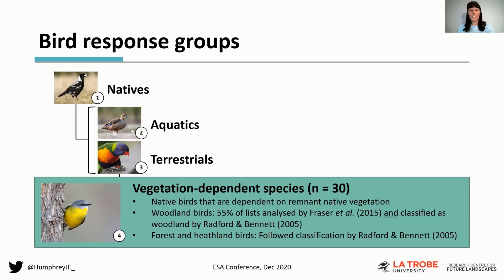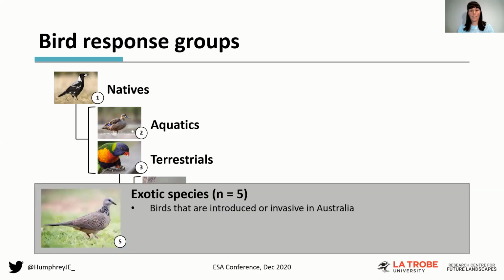Birds were deemed to be vegetation-dependent if they relied upon remnant native vegetation, such as woodland, forest, and heathland habitats. Birds were classified as woodland if they appeared on 55% of lists analysed by Fraser et al. and were classified as woodland-dependent by Radford and Bennett. The final group were the exotic species, which are introduced to Australia.